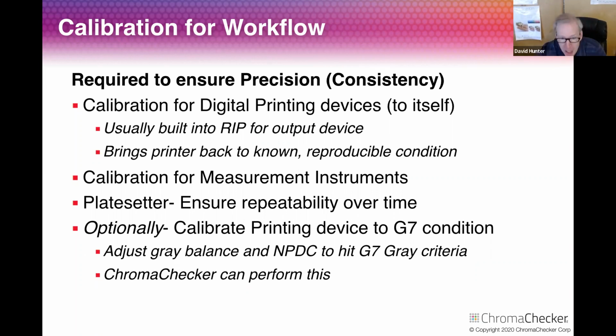Every measurement device should be calibrated regularly and checked regularly to make sure it's measuring the way it's expected to. Platesetters should be calibrated to know that they're printing consistently over time. And conventional presses, like offset presses, should be calibrated regularly to continually hit, let's say, a G7 condition.